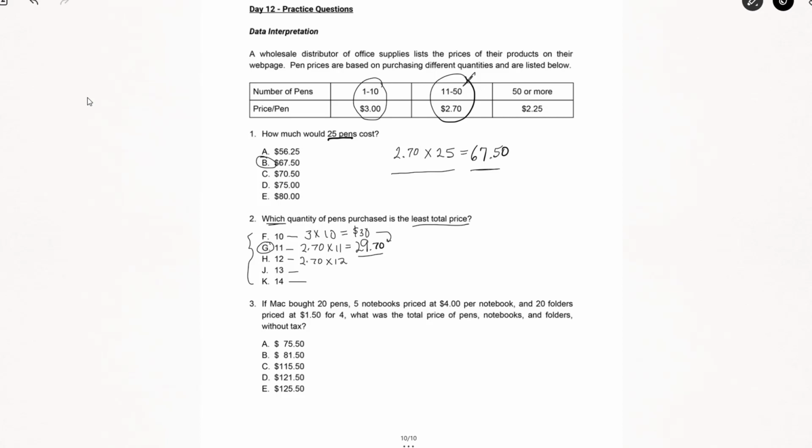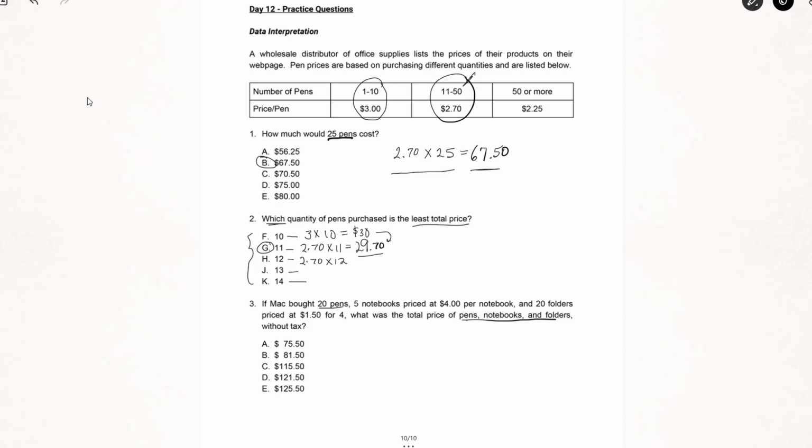Okay, now looking at question 3. If Mac bought 20 pens, 5 notebooks priced at $4 per notebook, and 20 folders priced at $1.50 for 4, what was the total price of pens, notebooks, and folders without tax? So what we need to do is add up each of these 3 items. For 20 pens, we're going to have to use our chart.